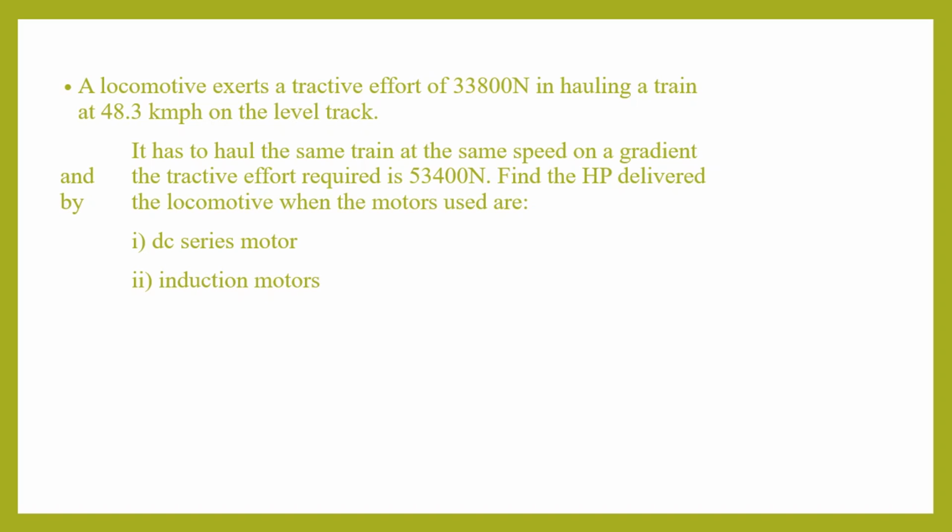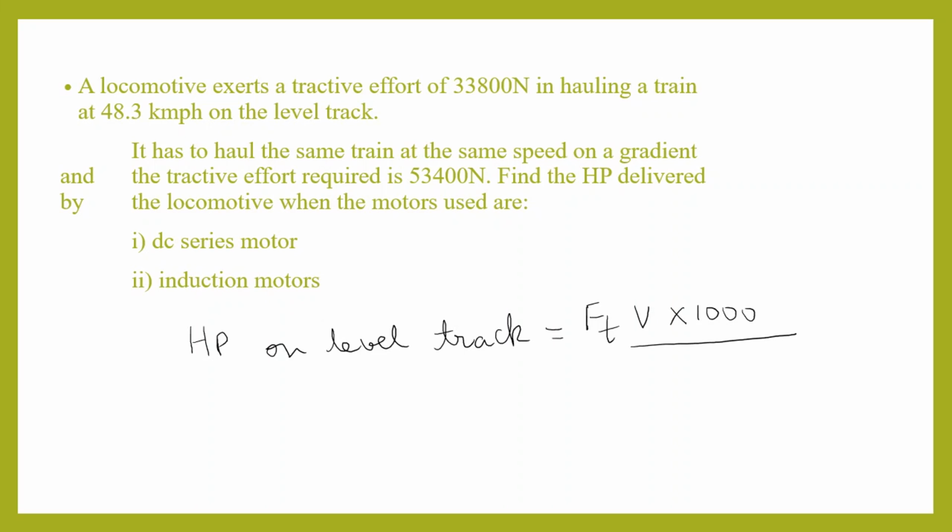So we have the power delivered in HP on level track given by Ft into V into 1000 by 3600 into 746. This equation is drawn from the power output at the driving axles.